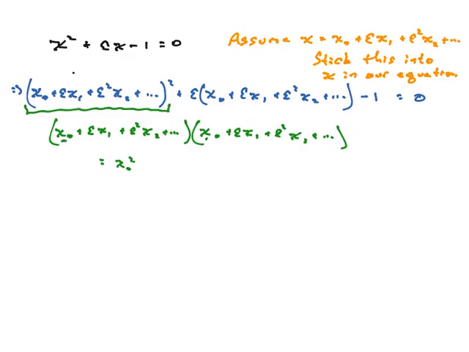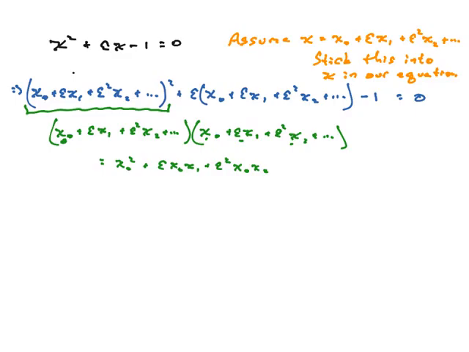And then I get x naught times epsilon x1. So that's epsilon times x naught x1. And then I get x naught times epsilon squared x2. So that's an epsilon squared x naught x2. And then if I hit the x naught on the next term over there, that would be an epsilon cubed guy. But I don't need epsilon cubed stuff. I want to get rid of that. So I'll just ignore it for now and just put a dot dot dot later.